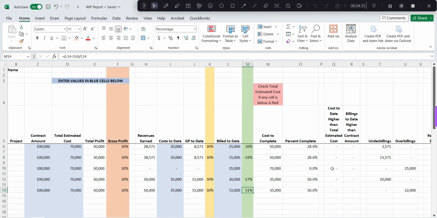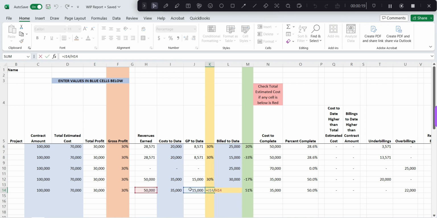That is more than what we're expecting. So overbillings comes into play to carve out that excess of 21%, brings it down. It offsets your revenue and decreases it to give you that 30% gross profit. So 72,000 in billed to date minus your 22,000 in overbillings gives us 50,000 in revenue earned, which when calculated out is 30% gross profit.